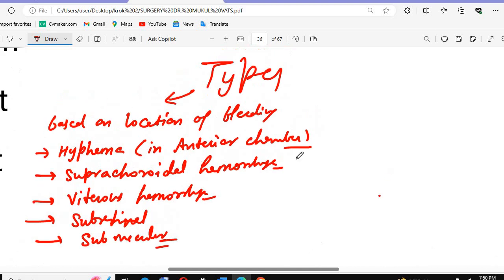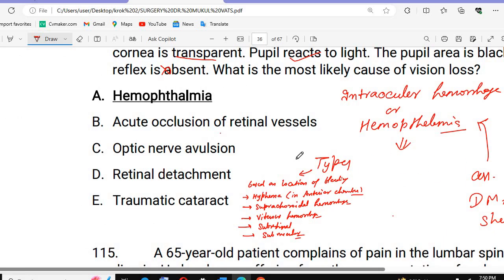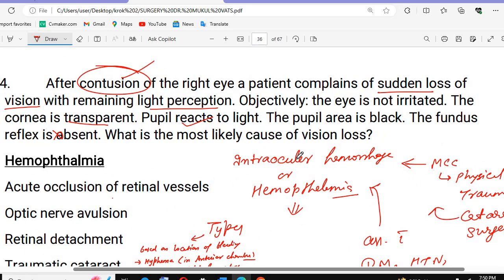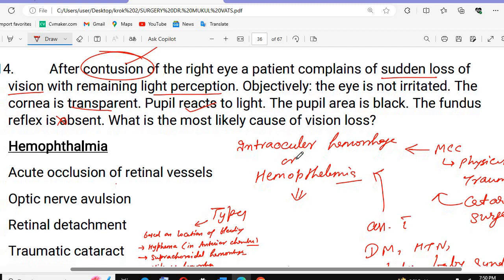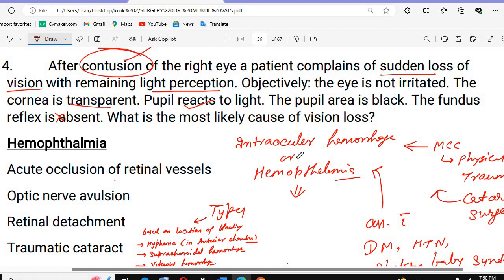If you see any contusions of this kind, the patient will have a sudden loss of vision in the right eye. The sudden loss of vision occurs because of damage at a particular place. For example, if the retina is damaged due to the contusion, there will be a retinal hemorrhage.